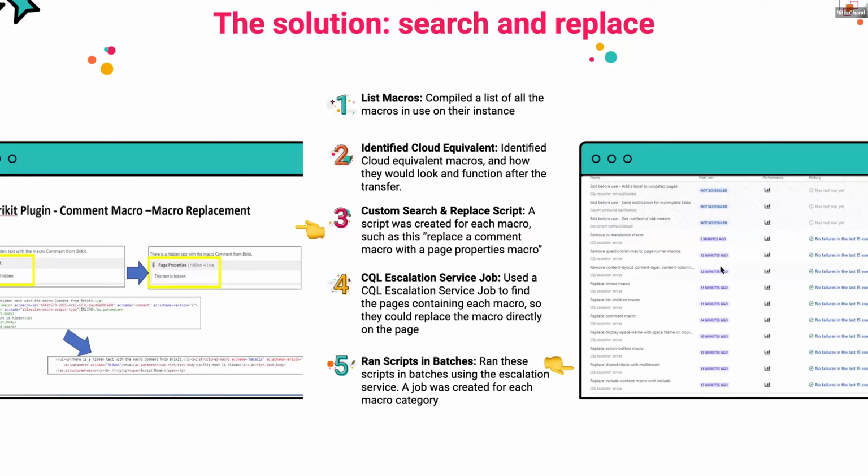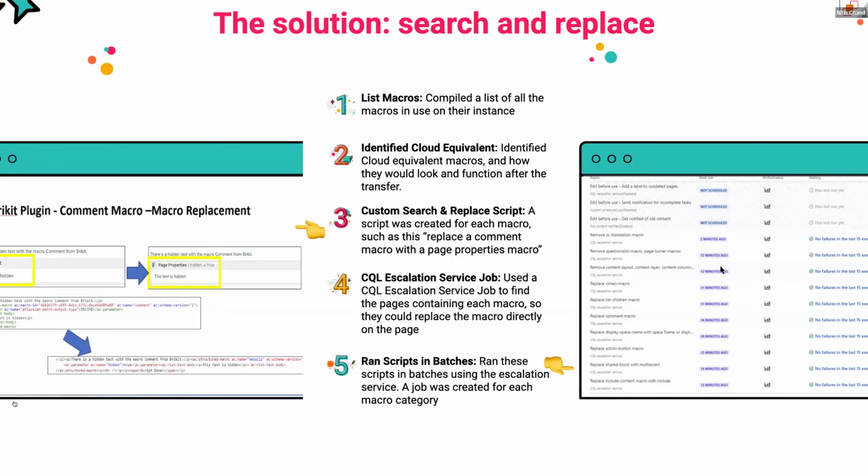This information was then used to determine whether the macro could be replaced by a cloud equivalent or converted to a ScriptRunner custom macro. If neither of these options were possible, the macro was to be removed entirely and only the macro content would be displayed on the page. Their goal was to ensure all content stored within these existing macros would be displayed legibly on the cloud page.